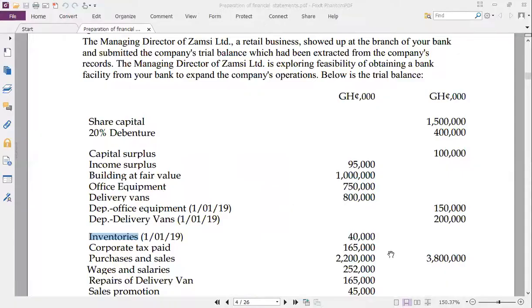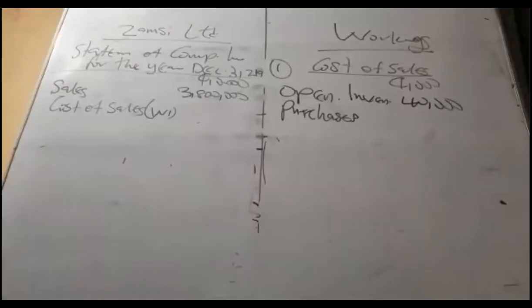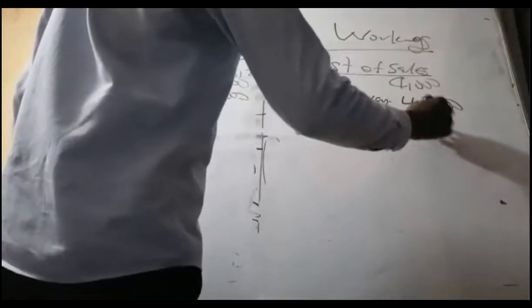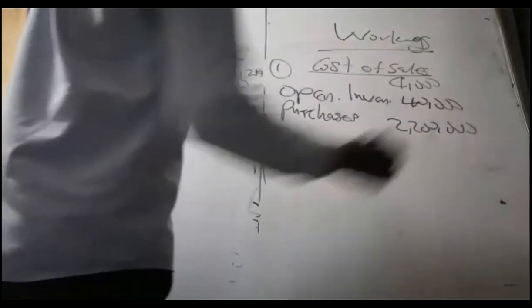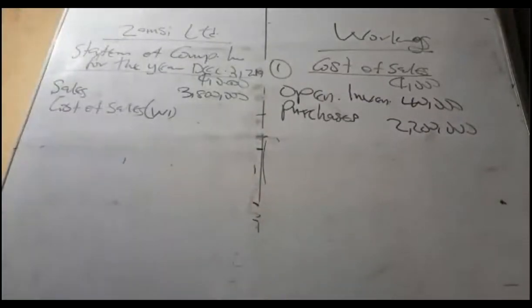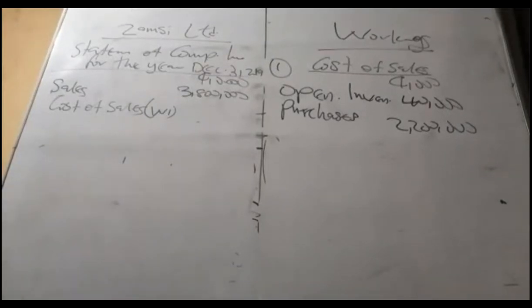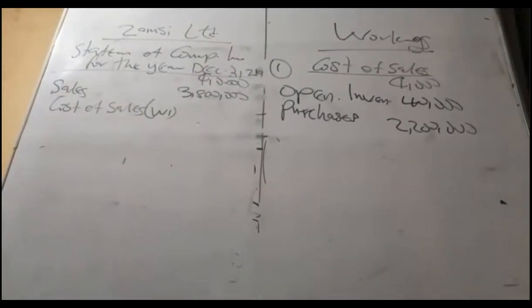So the purchase figure is what? 2.2 million. So I'll pick it, 2.2 million. So 2,200 like this. Then I ask myself, what is the closing inventory? It should be in the footnote. So let's go quickly and pick the closing inventory.